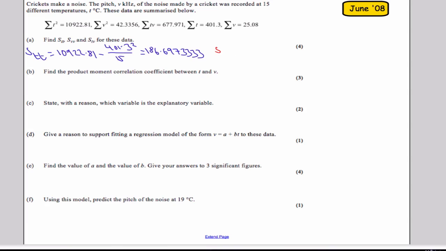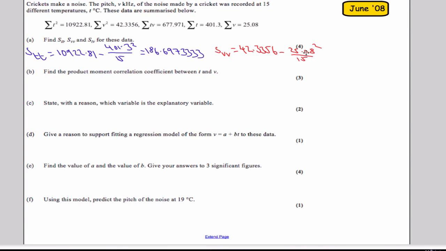Right, let's do the same now for SVV. Just a reminder, I do not want to lose accuracy later on in the question, so let's keep things as tight as possible here. We need the sum of V squared, 42.3356, minus sum of V all squared, 25.08 squared over 15.